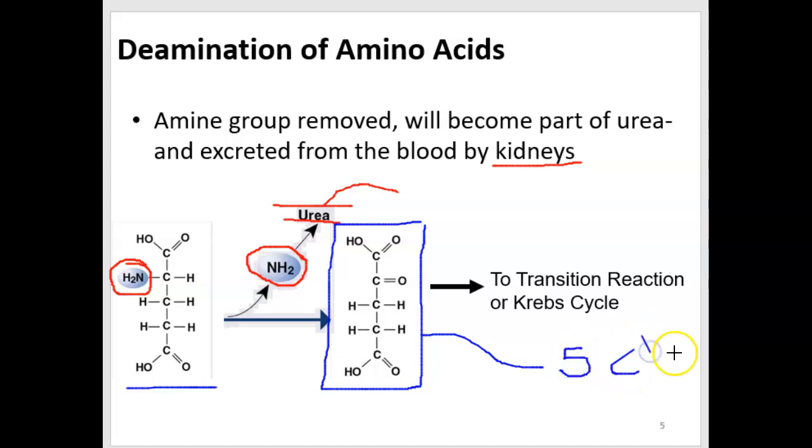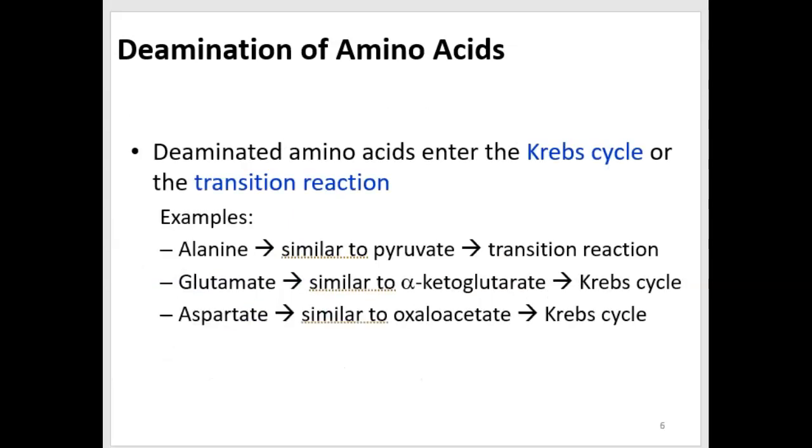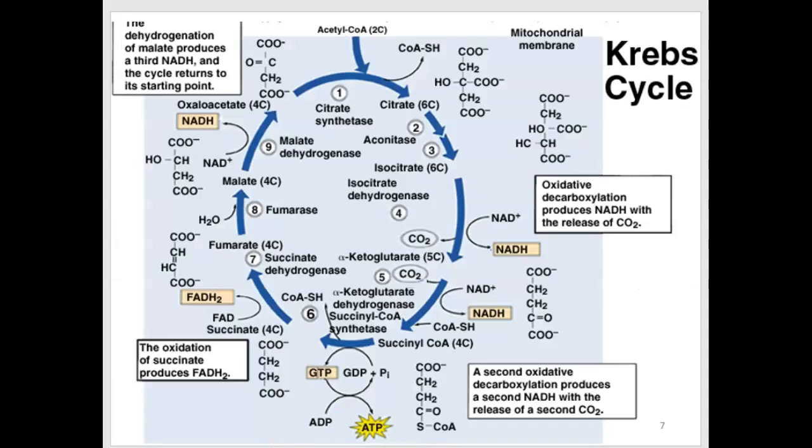It closely resembles one of the intermediaries in the Krebs cycle, and the one that it closely resembles is alpha-ketoglutarate. So I'm going to show you a picture of this crazy Krebs cycle thing. And if you look at the step down here that has alpha-ketoglutarate, 5 carbons, that is this molecule.